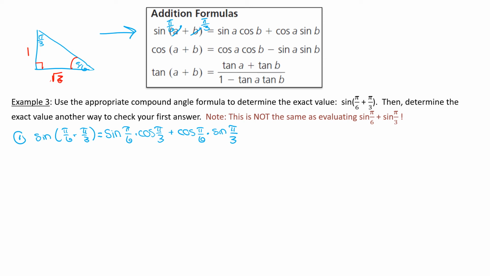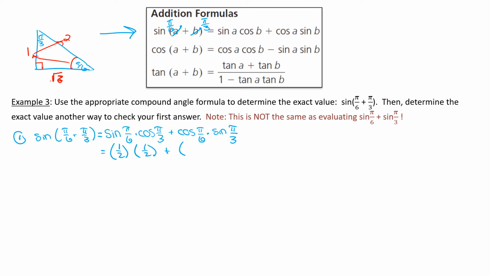And then our hypotenuse is 2. Sine is opposite over hypotenuse. So that's a 1/2. I'm not going to keep doing that for each one. Cos of pi over 3 is also 1/2.